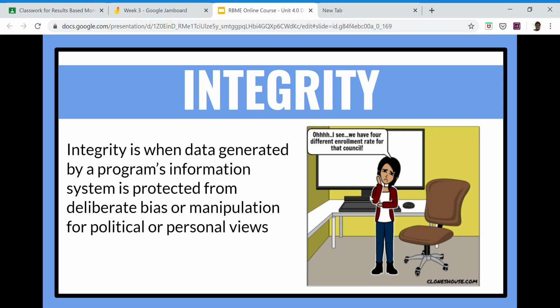These are the places where you say you have issues with the integrity of the data, such as when you're trying to collect the enrollment rate in a particular state, and you end up getting different enrollment rates. At the school level, you got a different enrollment rate. At the local council level, a different one. At the state level, a different one, and at the federal level, also a different one.